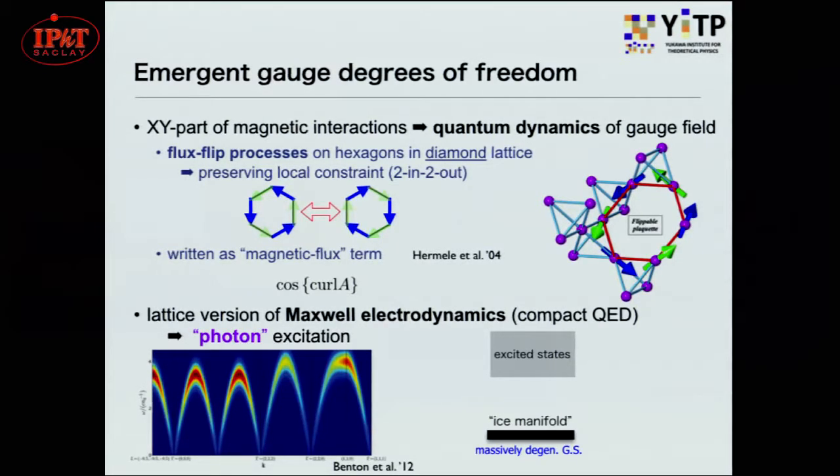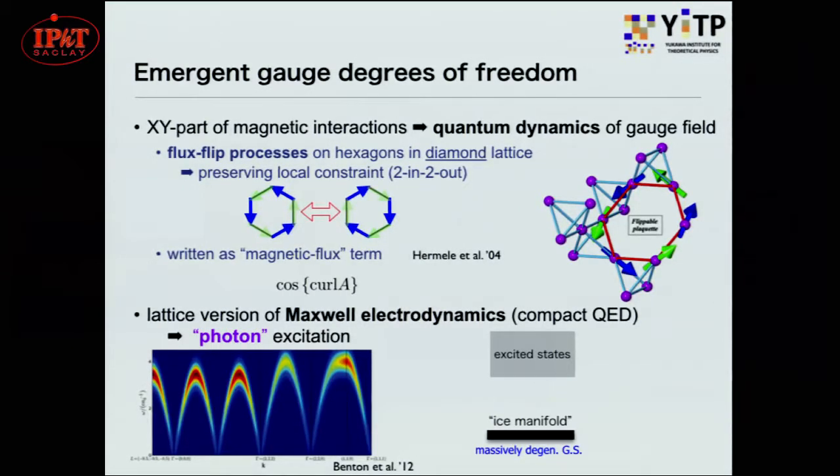So the first non-trivial quantum fluctuation gives you a flipping process of this gauge field configuration. If you write down this process in terms of the gauge field, this is nothing but the cosine of curl A, which gives you a B squared term in the quantum electrodynamics.